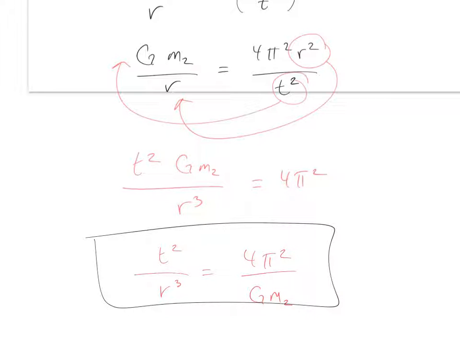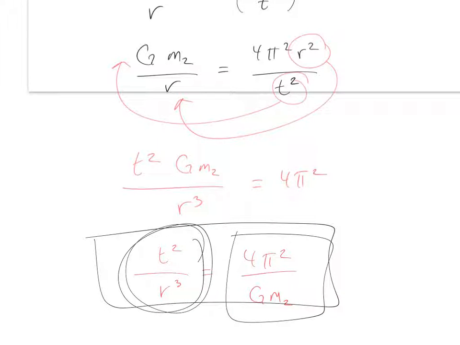That constant is 4 pi squared over G times the mass of the sun. All this is showing you is that Kepler's third law is indeed true: T squared over r cubed for any planet is equal to a constant. It's going to be the same for all of the planets.